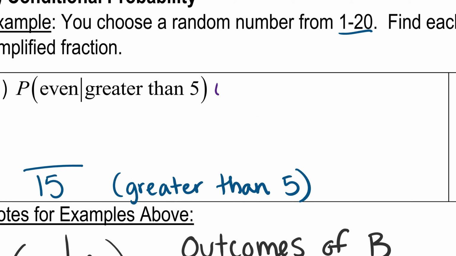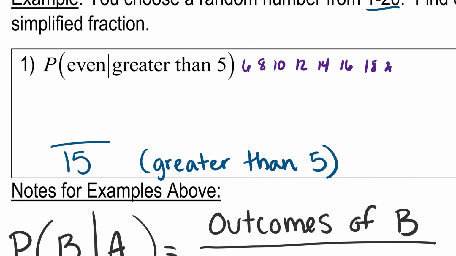Okay, so I have 6, 8, 10, 12, 14, 16, 18, 20. Okay, because I want to be greater than 5, I can't do 1 through 4. So out of the 15 that are greater than 5, I have 1, 2, 3, 4, 5, 6, 7, 8.